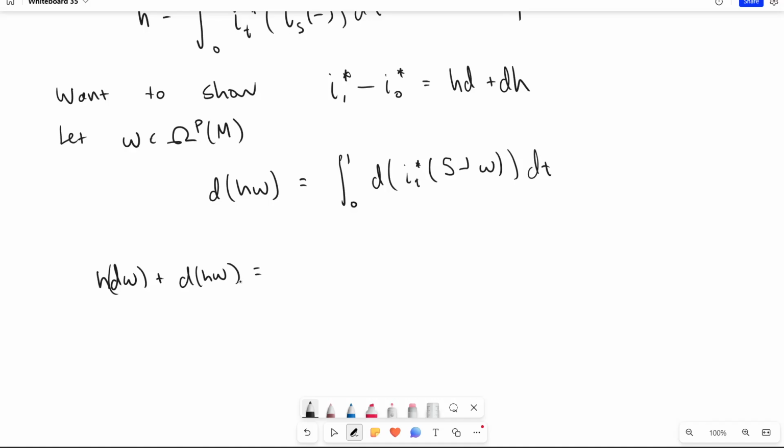So this whole thing, if we combine the integrals, becomes this integral from 0 to 1 of I_t star of this interior multiplication d omega plus d of I_t star, as we've written above, of s interior multiplication omega. This whole thing maybe in extra parentheses. I think I need dt.